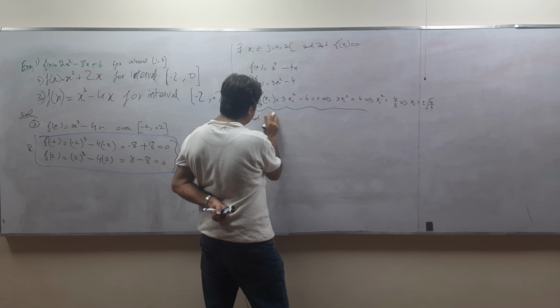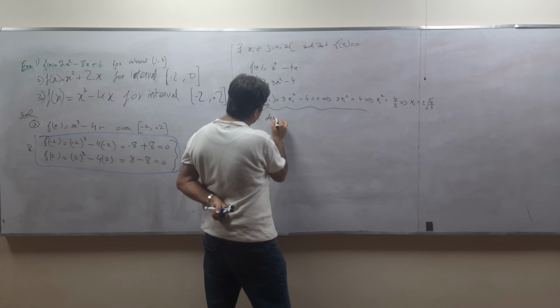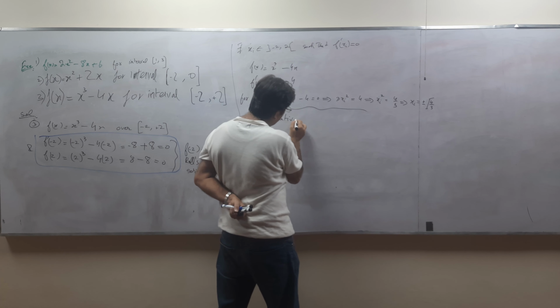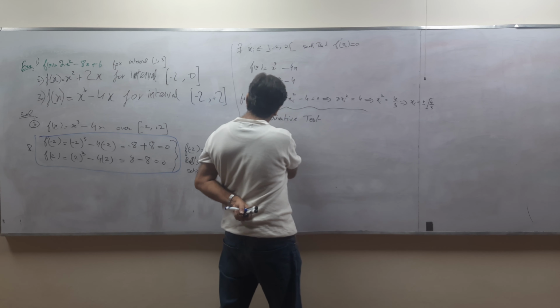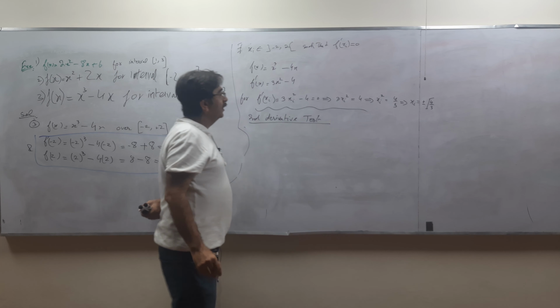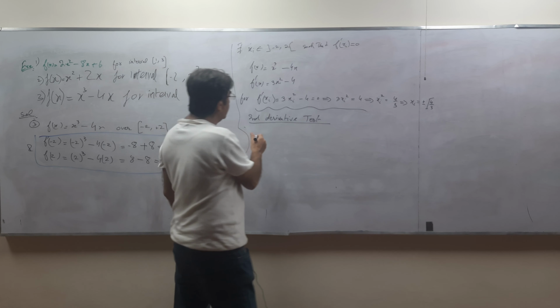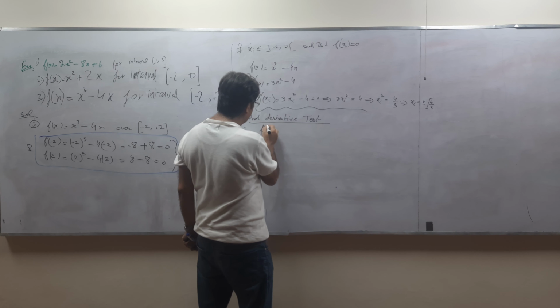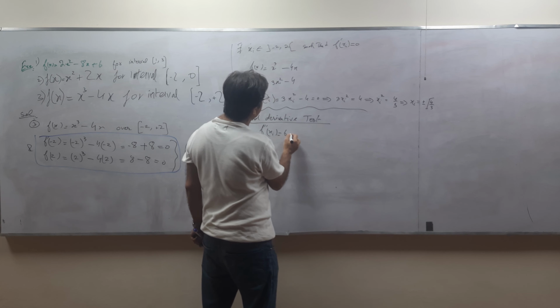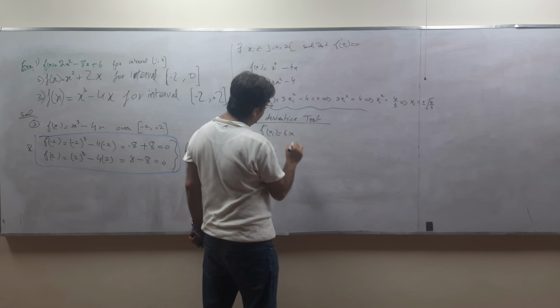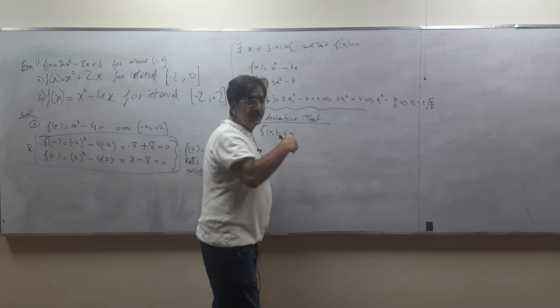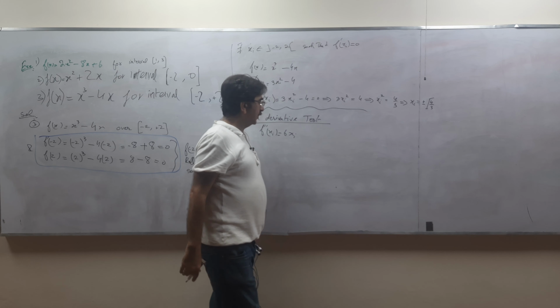Second derivative test. What will be the second derivative? Yes, now that will be 6 xi. When we put the value, the second derivative is not necessarily 0.